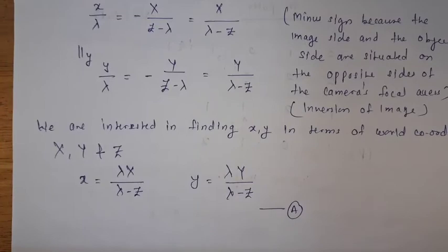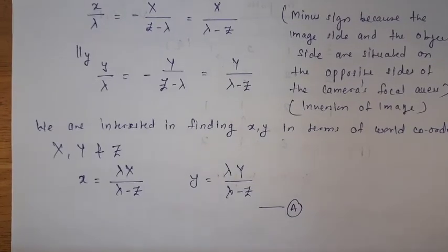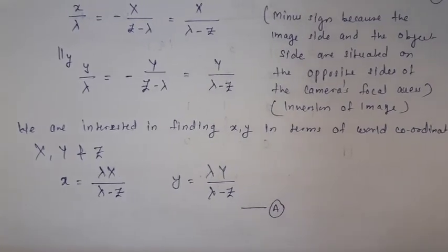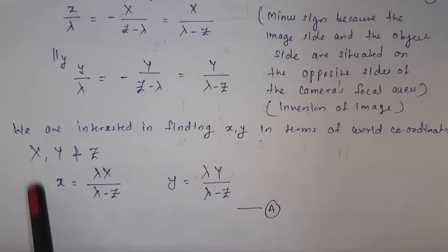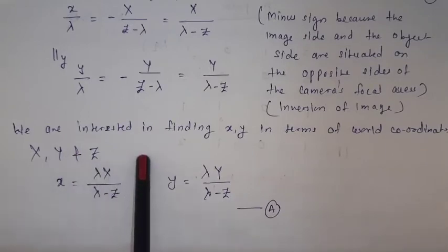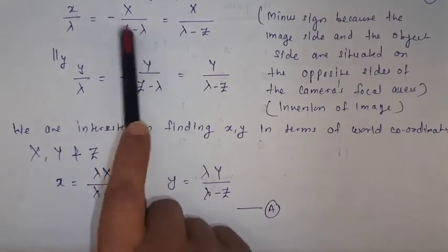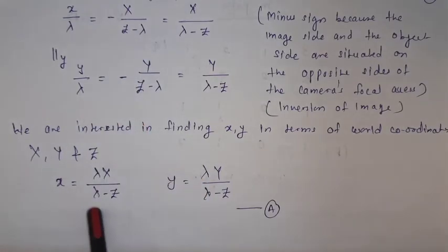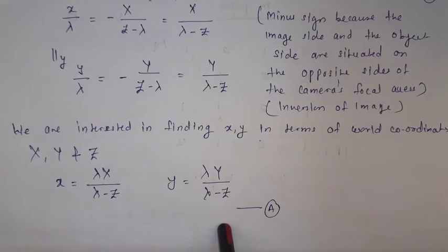Now we are interested in finding small xy in terms of world coordinates capital X, capital Y and capital Z. So from here you will get small x equal to lambda X upon lambda minus z and small y equal to lambda Y upon lambda minus z.